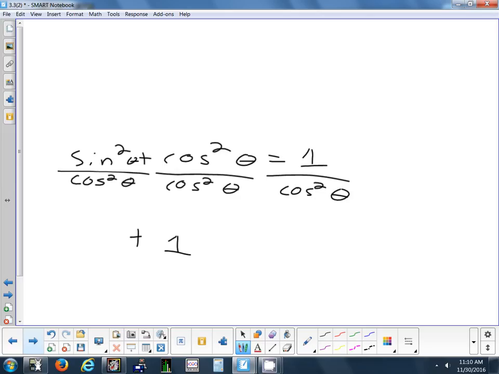Now, I want to know what sine squared divided by cosine squared is. And if you get stuck, just start with what's sine divided by cosine? It's tangent. And I told you yesterday you can use that identity with a higher power. So sine squared over cosine squared is tangent squared.